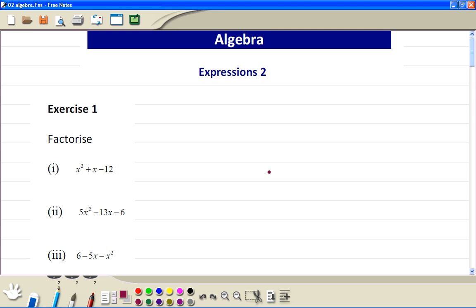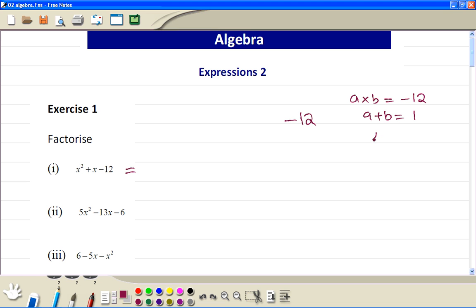Exercise 1, question 1. So we have to factorize this expression. What we're looking for is factors of minus 12 which add up to 1. So we're looking for two numbers, a times b is equal to minus 12, then a plus b is equal to 1.